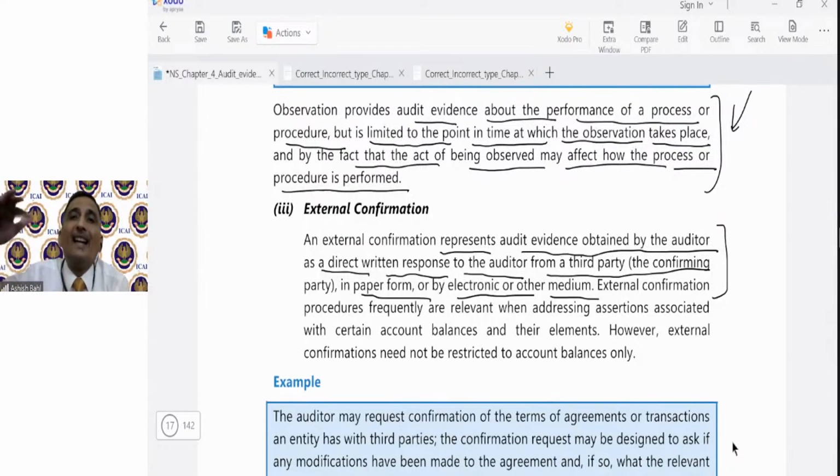तो मेरे को डेटर का बैलेंस वेरीफाई करना है, तो मैं एक्सटर्नल कंफर्मेशन रिक्वेस्ट भेजूंगा, और जो उसका रिस्पॉन्स आएगा उस रिक्वेस्ट का, that is evidence, that is the written response which is coming, that is external confirmation. The balance stands externally confirmed.